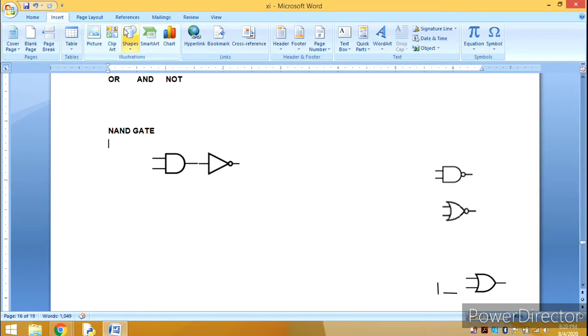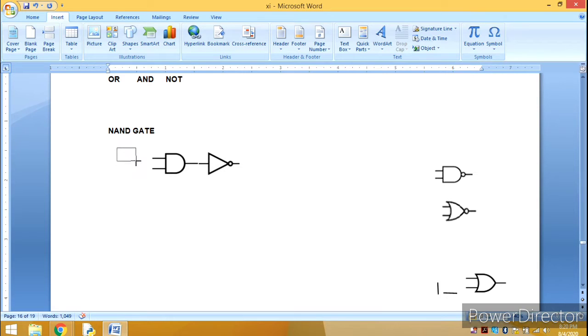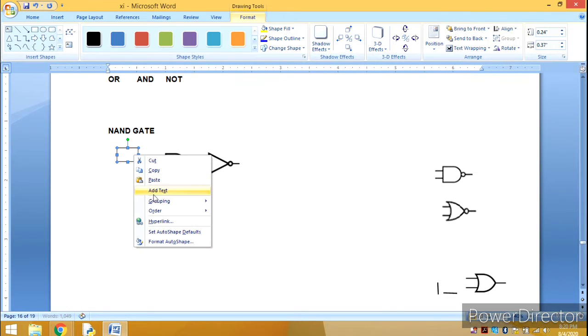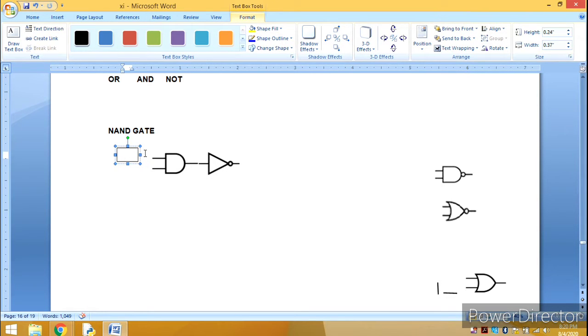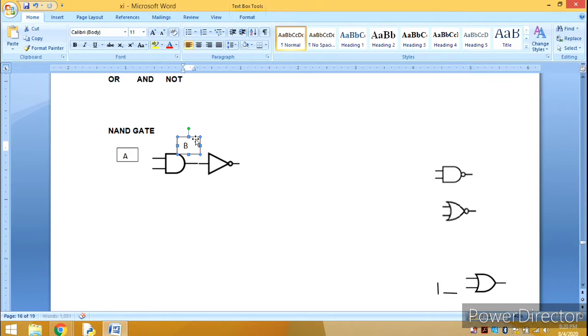and one more input we have is B, and if it is passed through this AND gate, what output are you getting over here?